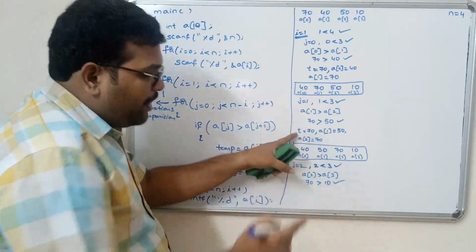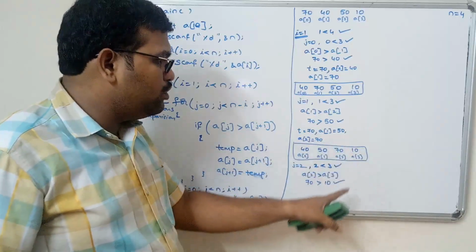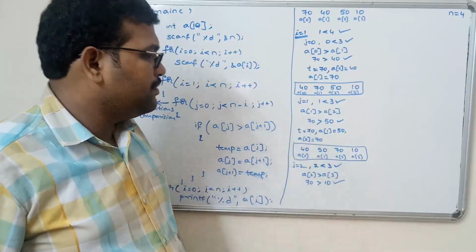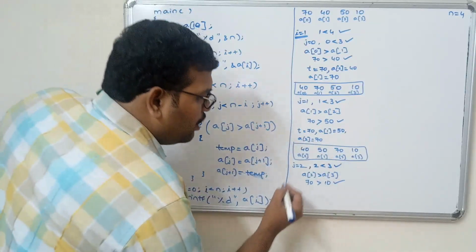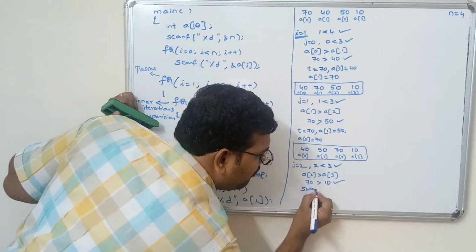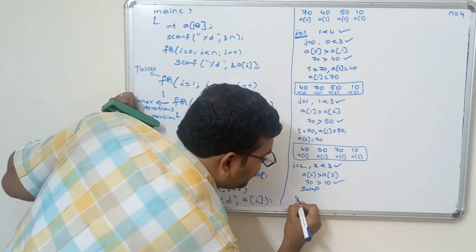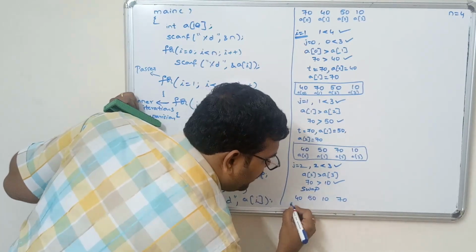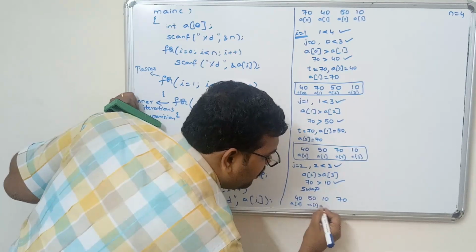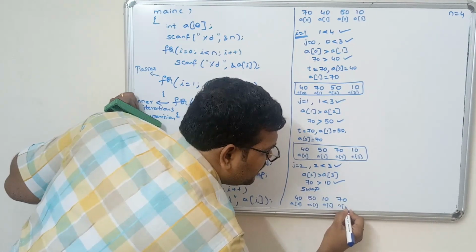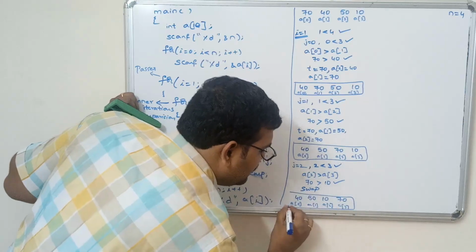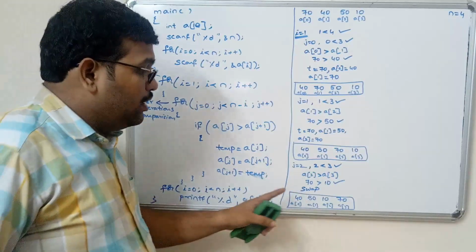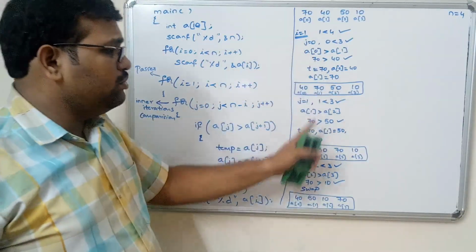The same logic: temporary is equal to 70, a of 2 is equal to 10, a of 3 is equal to 70. So the output will be 40, 50, 10 and 70, that is a of 0, a of 1, a of 2, a of 3. So this is the output for the third iteration, sorry, second iteration. So 3 iterations, 1, 2 and 3.